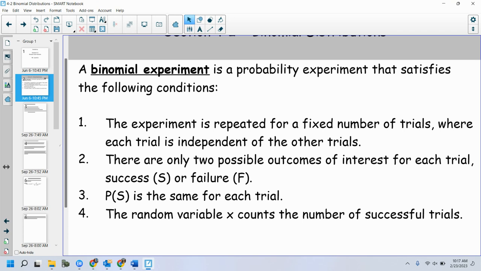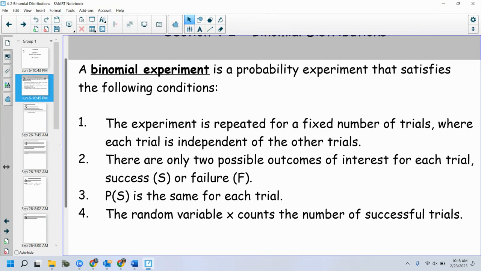Let me ask you, based on that situation, was our M&M experiment binomial? Oh, I'm sorry, I shouldn't have said that. That's a bad example. I was thinking picking one then the other. Did we replace?